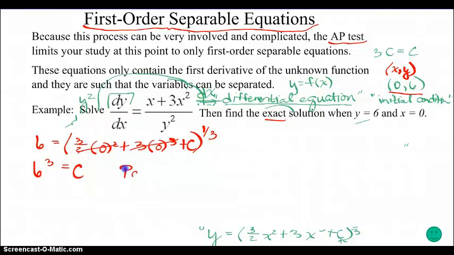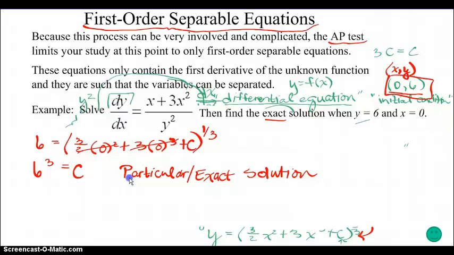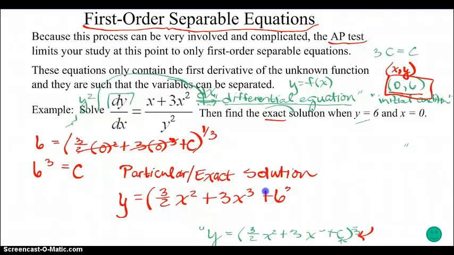So my particular or exact solution, and I keep using particular because that is a word you will see on the AP test, as well as the word exact solution, the one single member of the family of functions that has this for an antiderivative and contains this point, is y equals 3/2 x squared plus 3x cubed plus 6 cubed, all raised to the 1/3 power.